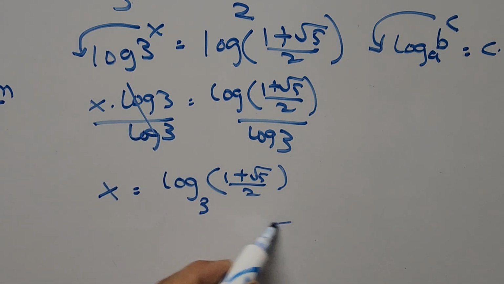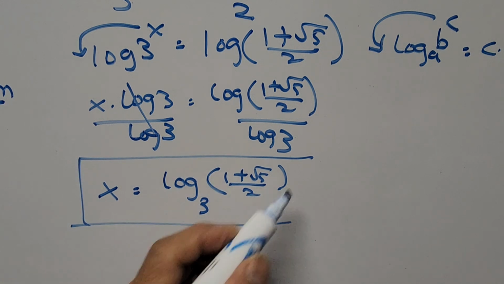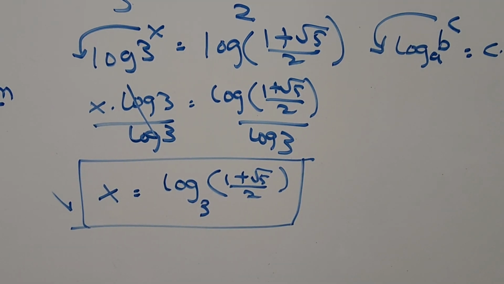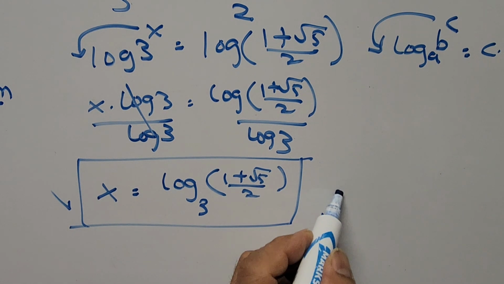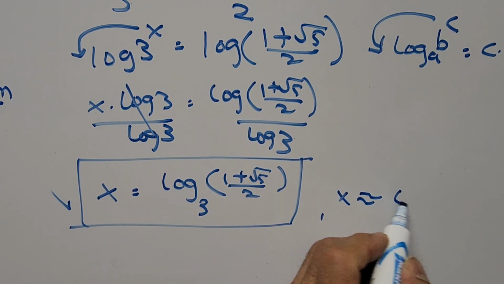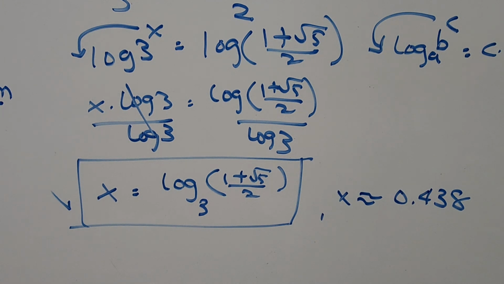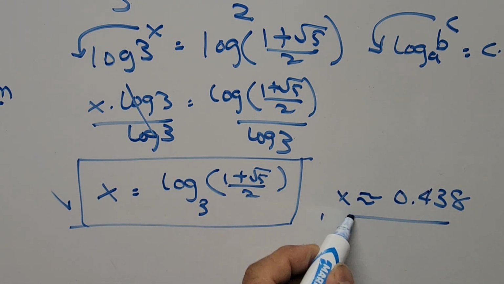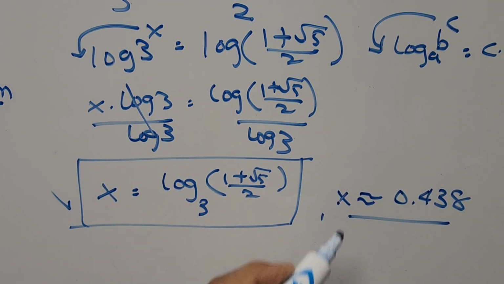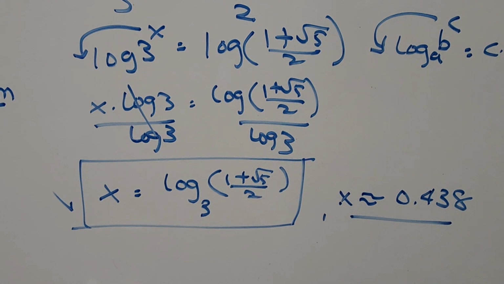So this is now the exact value of x. And if we use our calculator to find the value of x, here x is approximately equal to 0.438.